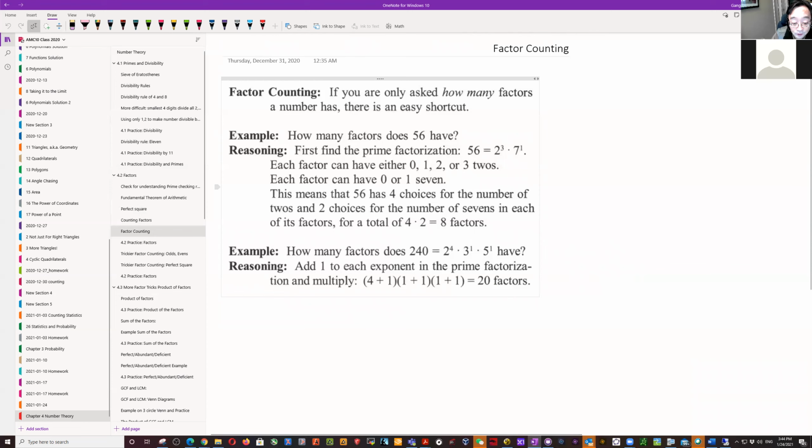The factor counting is very easy. So this is just what I have been talking about. This is 240 equals 2 to the 4th multiplied by 3 to the 1st multiplied by 5 to the 1st. Each index needs to plus 1, then you multiply them together and you get 20 factors.